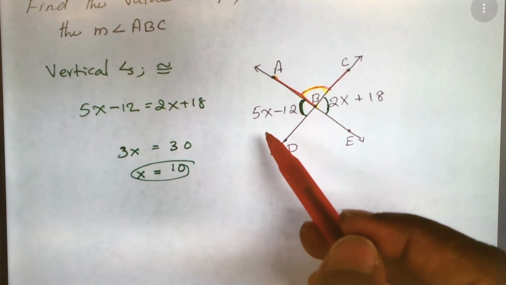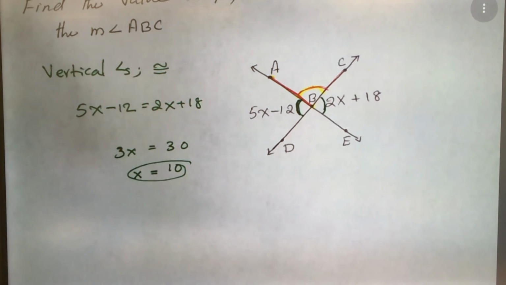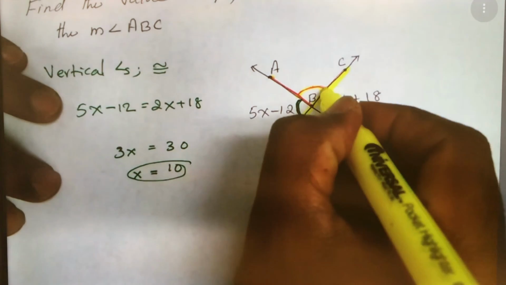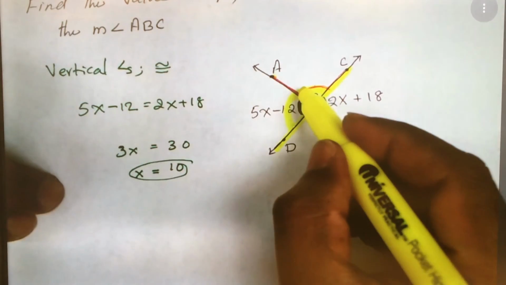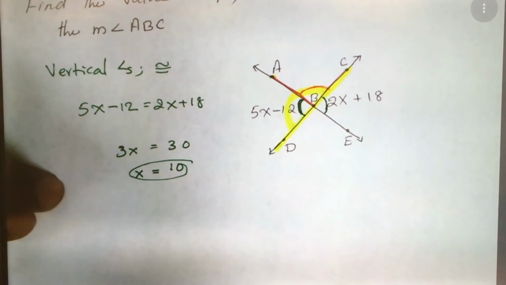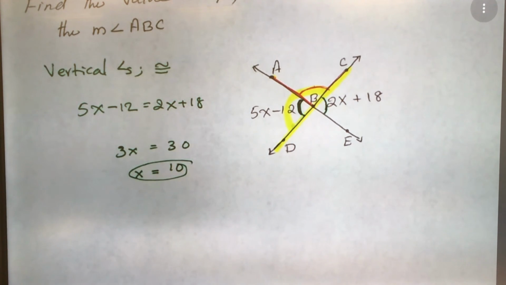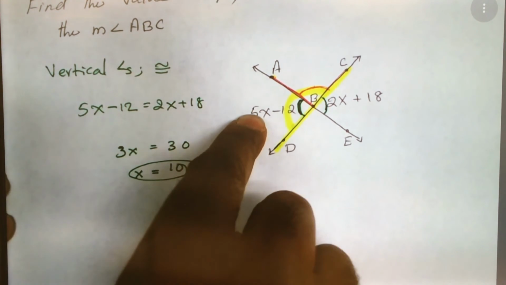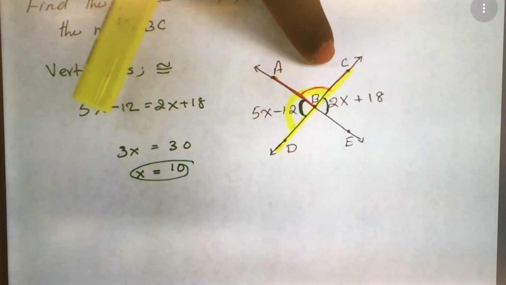Take one of these sides: these two angles are a linear pair, doesn't matter which way you take it. So these two angles should add up to 180. If we know the measure of this angle, we can subtract it from 180 to get the measure of this angle.